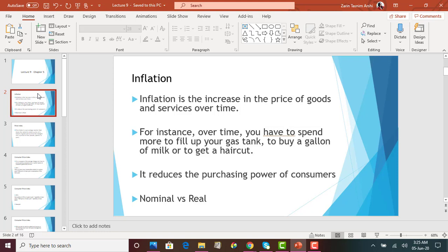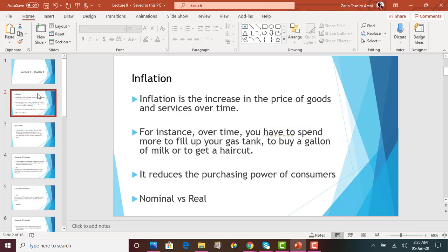Or you pay more to buy a gallon of milk compared to 10 years back, or to even get a haircut. And this increase in price over the years is known as inflation. And the opposite, if the price is decreasing over the years, then it's called deflation.